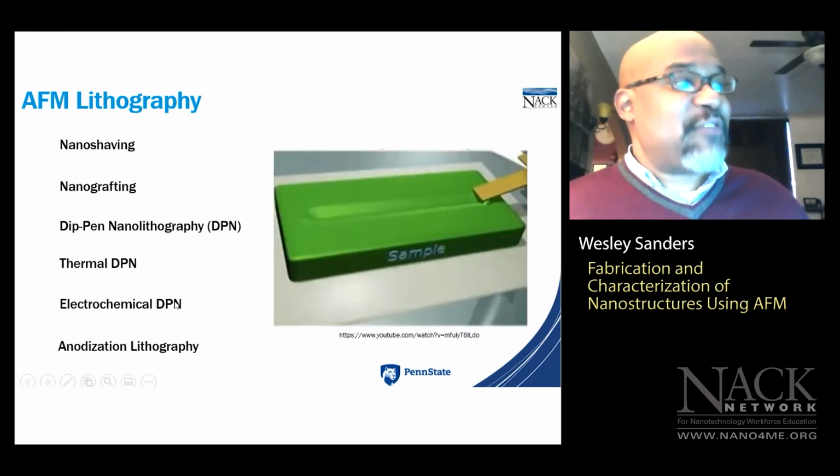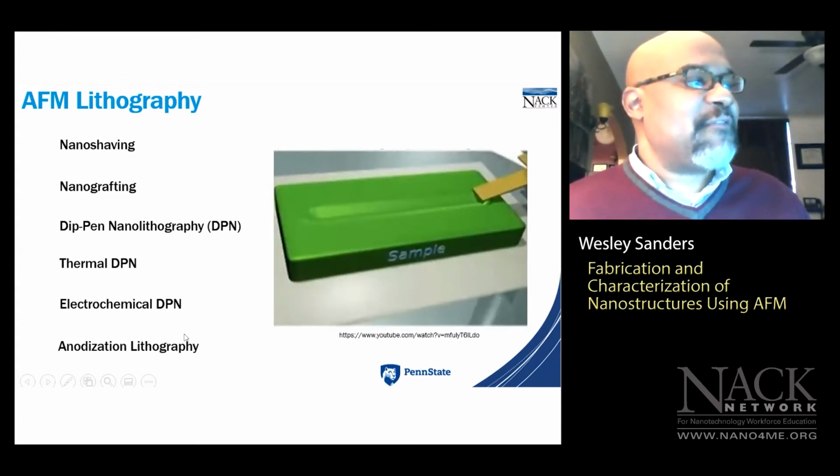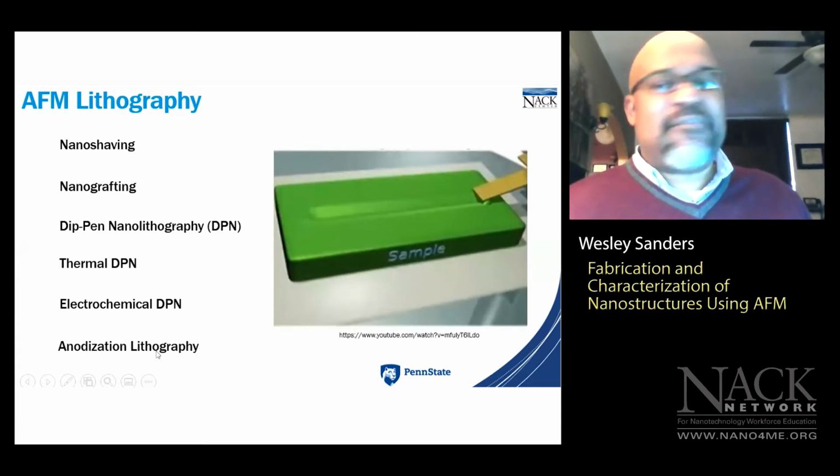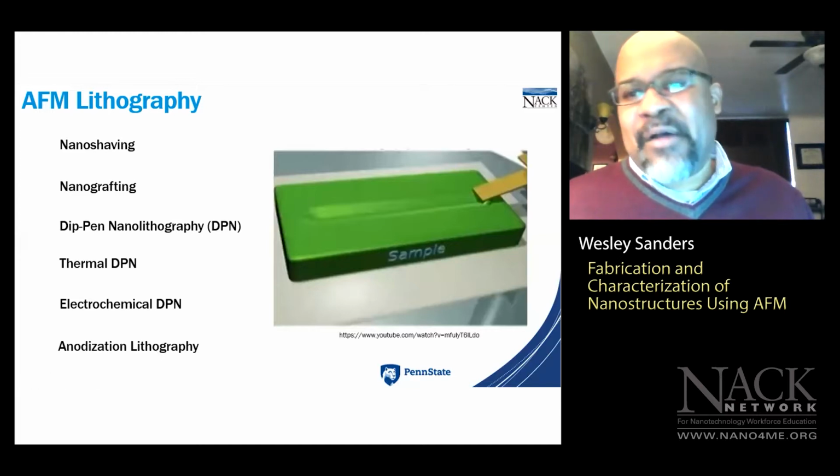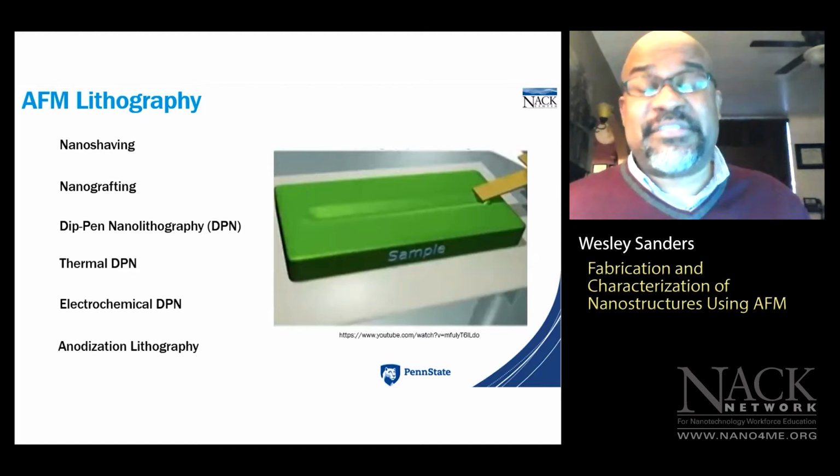Electrochemical DPN is another flavor of DPN nanolithography. And I'm going to give you an overview of anodization lithography, which involves using about 10 to 20 volts under ambient conditions in order to oxidize surfaces directly under the AFM tip.